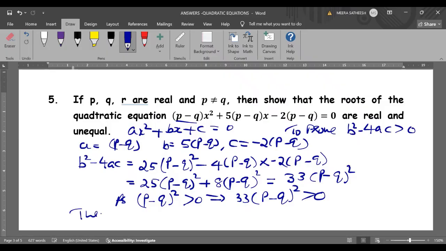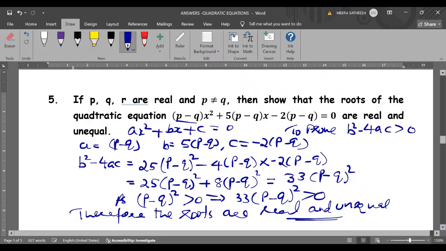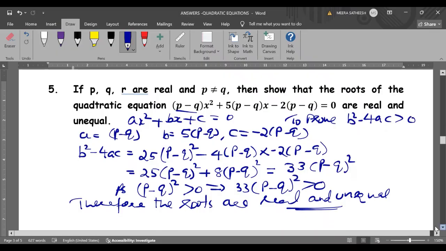Therefore, the roots are real and unequal. That's all. Here, if you want, you can add one more sentence: p minus q whole square greater than 0 because it's a square. Okay. Next question.